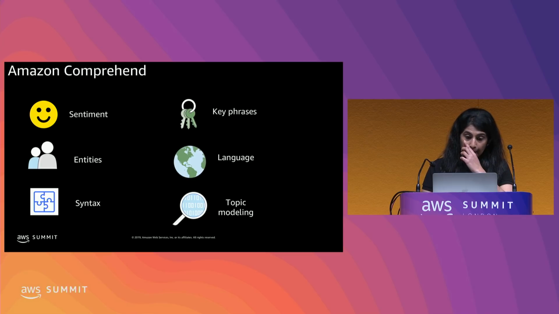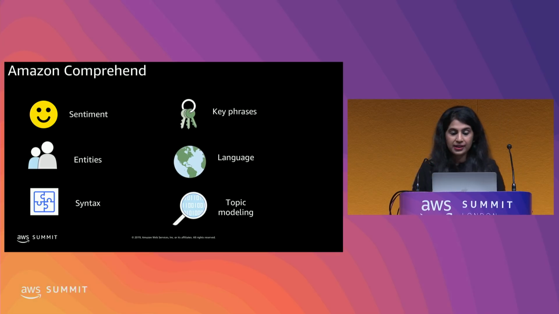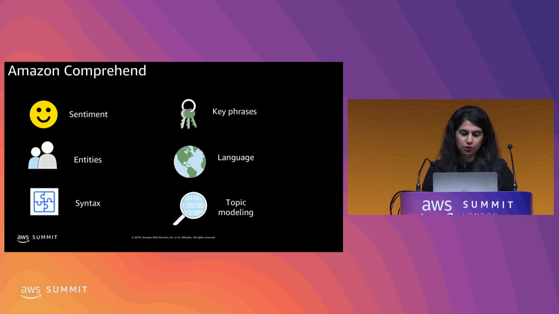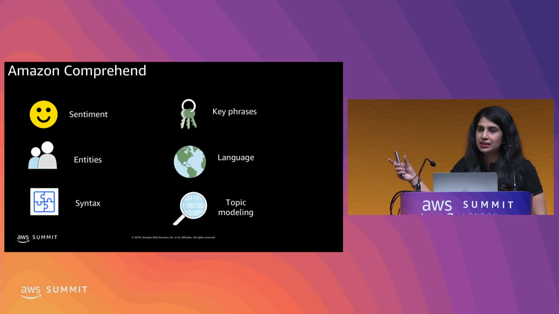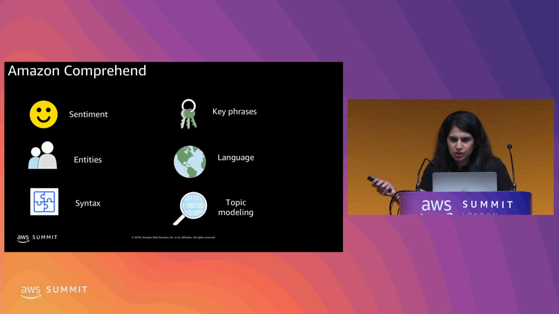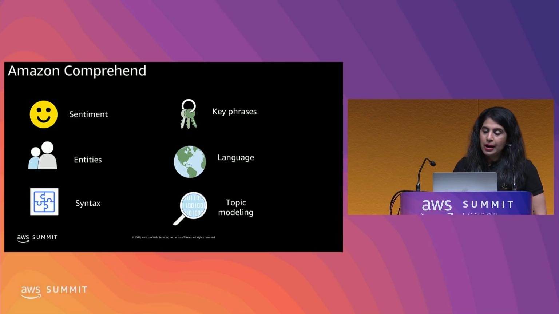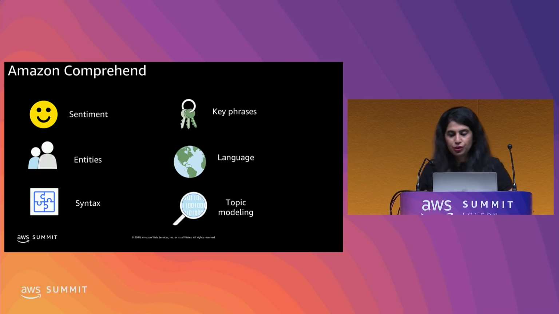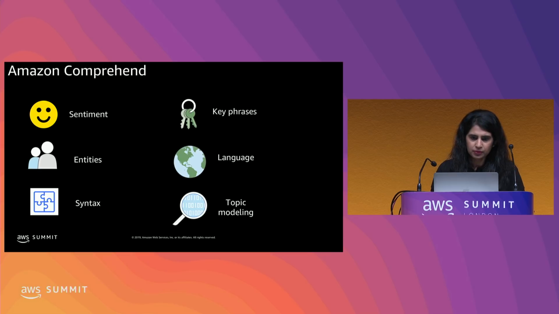Entities extraction, where entities like people, organizations, numbers, dates, or commercial items can be extracted. Key phrases, which give you the important phrases in a text, like beautiful views in a hotel review. But you can customize Comprehend to identify terms that are specific to your business domain as well.